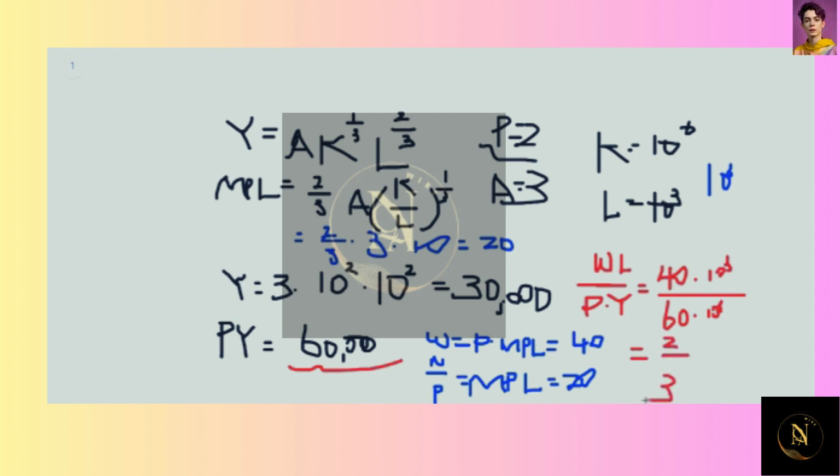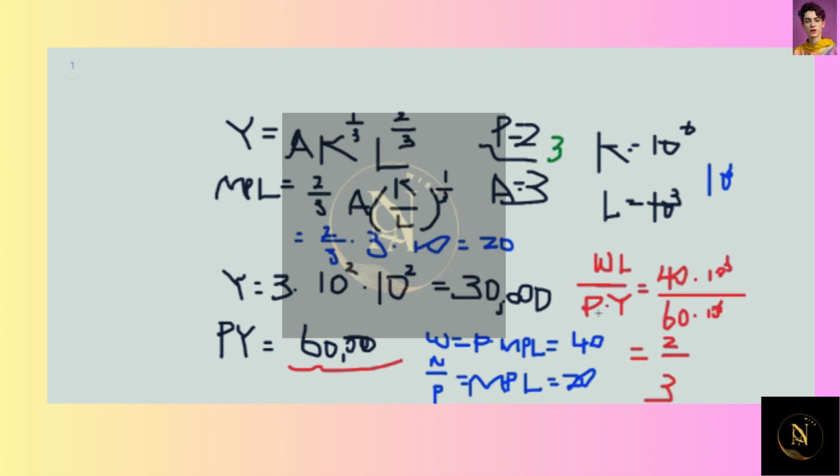Right, so question D, calculate what happens to output, the wage, the real wage, and the labor share in each of the following scenarios. So first, if inflation increases P from 2 to 3, so now we have 3 here, right?